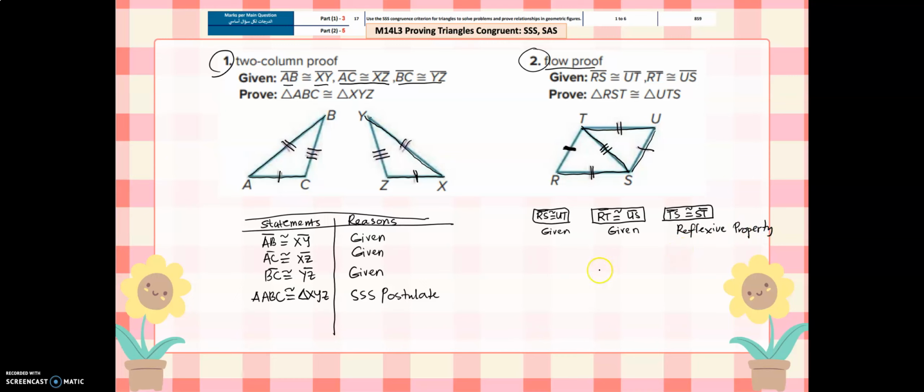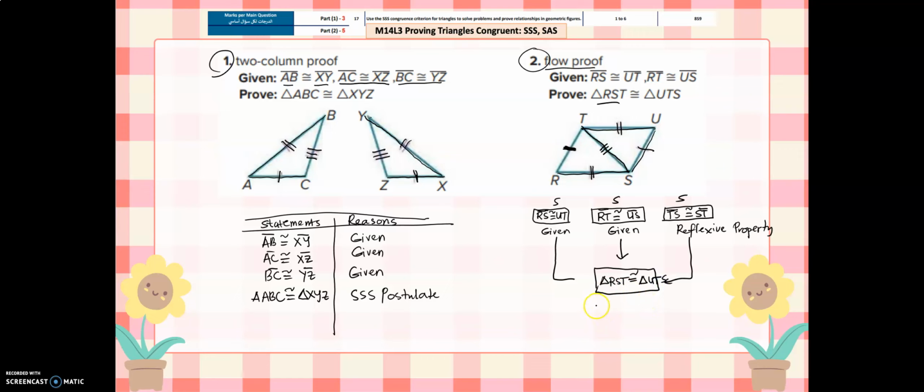And then we have to connect this to the final box right here, and we can say that this is one side, another side, and another side of the triangle. So we can say that triangle RST is congruent to triangle UTS.